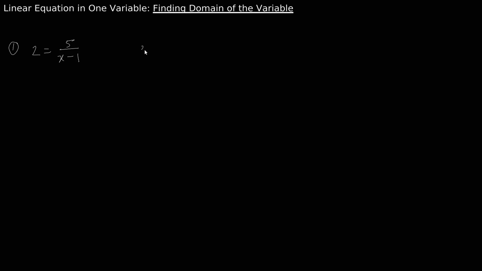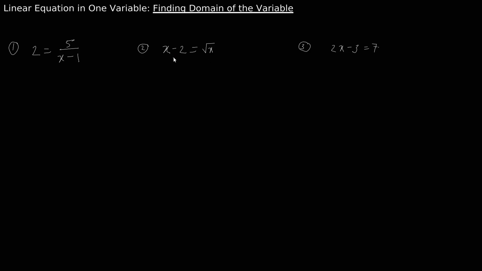Let us see my number 2 example. I have x minus 2 equals square root of x. And then let us see the number 3. I have 2x minus 3 equals 7. So these are my 3 linear equation.